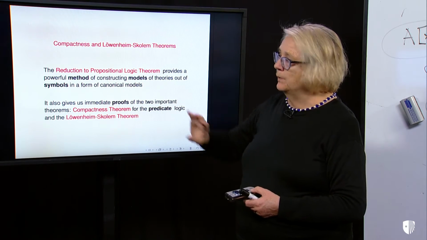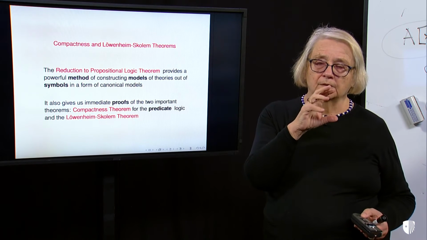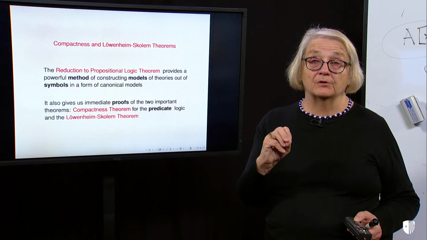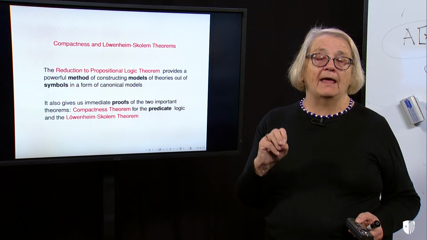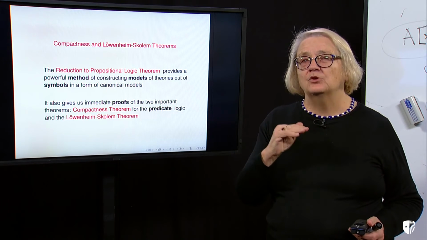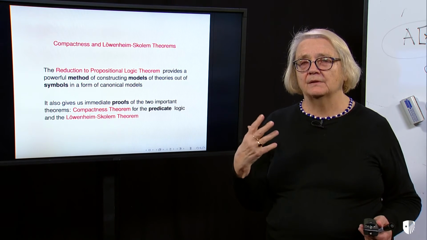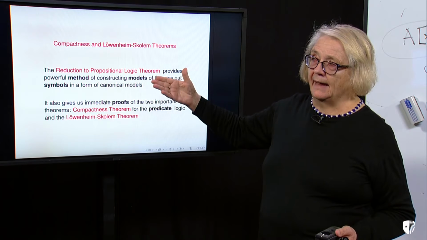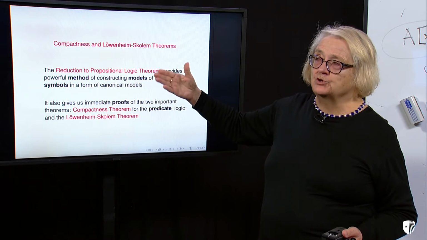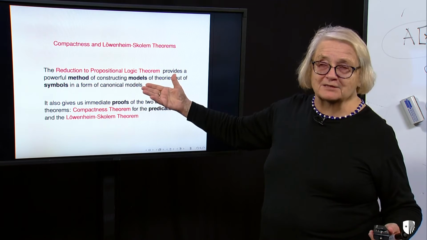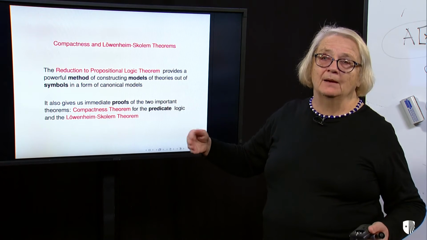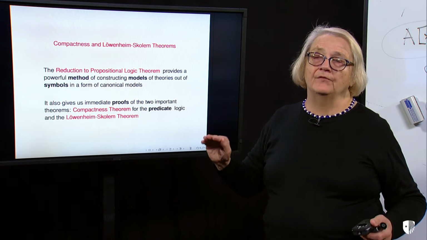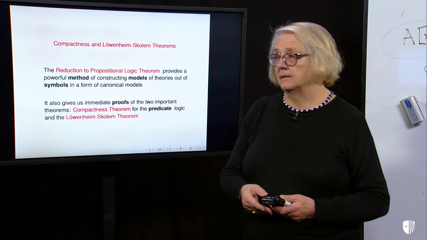What is important is that the reduction theorem gives us a method of constructing models out of symbols, canonical models. Let me give you a little bit of history. This is a modern version of Henkin's proof, which was much more difficult and incomprehensible, but Henkin's proof was an improvement on Gödel's original model.